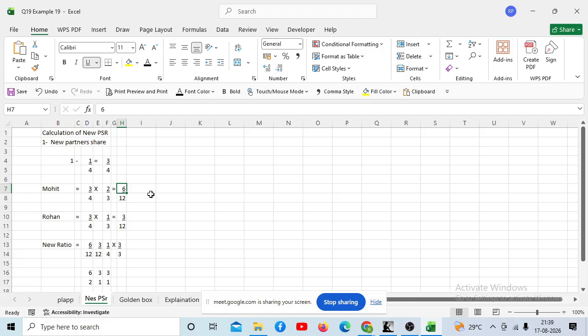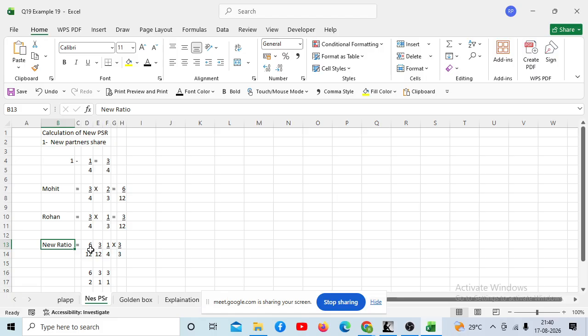Now similarly Rohan will also share this 3/4 roti only, right? And what is Rohan's share? 1 upon 3. So it will be 3 upon 12.